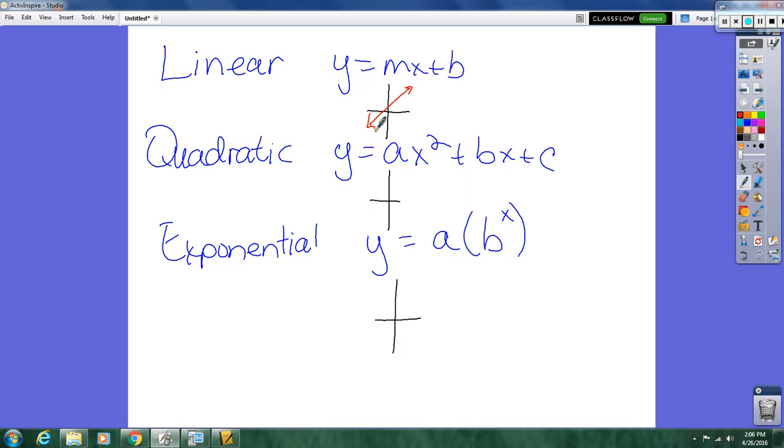It's a U. And then exponential starts out really small and then increases really fast, or just the opposite, starts really high and decreases. So different kinds of graphs. You've got to know how to go from the equation to the graph to the table. There are three things you need to know how to go between: the table, the graph, and the equation.